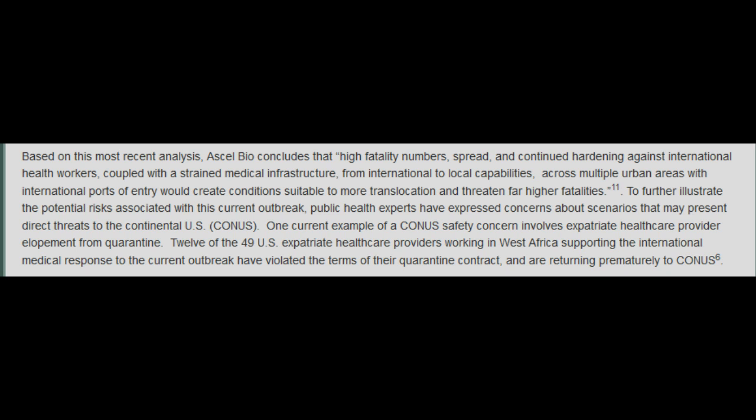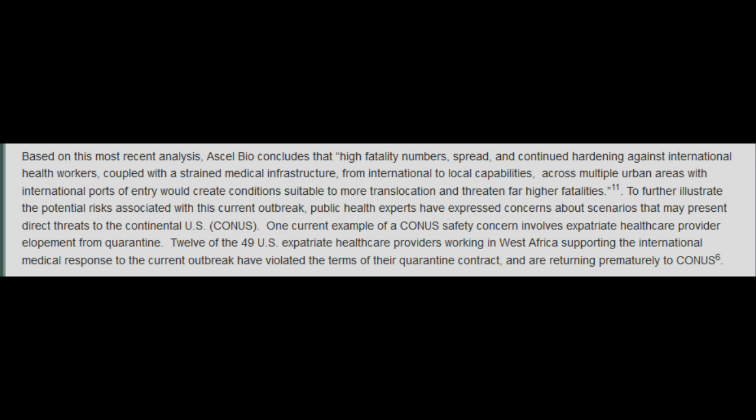Based on this most recent analysis, Excel Bio concludes that high fatality numbers, spread, and continued hardening against international health workers, coupled with a strained medical infrastructure from international to local capabilities across multiple urban areas with international points of entry, would create conditions suitable to more translocation and threaten far higher fatalities. There's nothing good in that sentence.